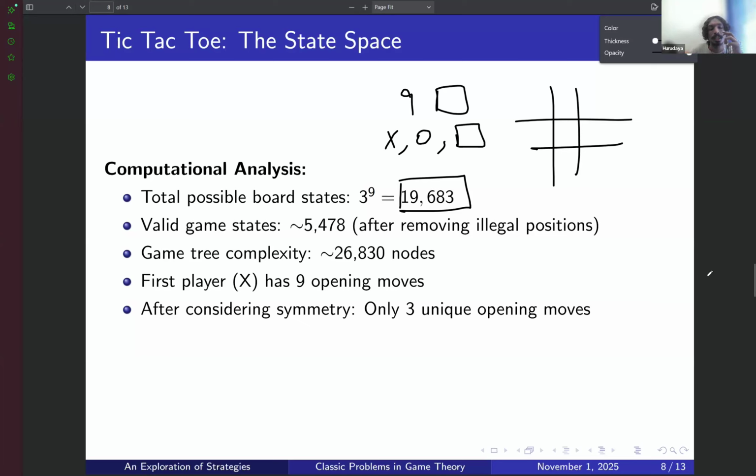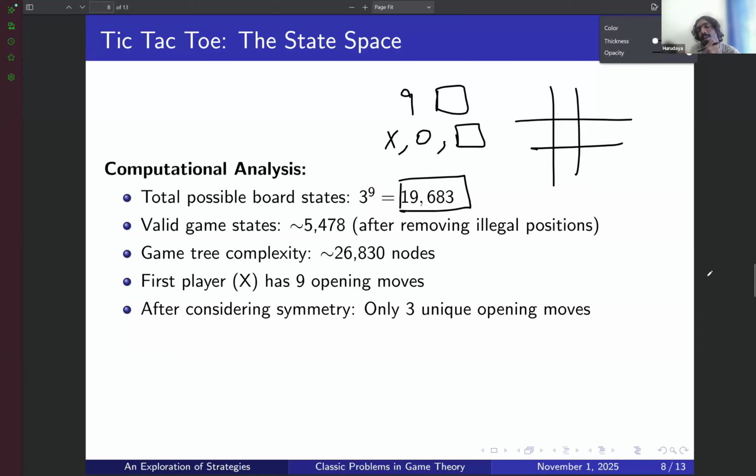Some of these possibilities are obviously, if I fill X everywhere, or if I fill O everywhere, or if I put XXX, then O, then XO, X, or something like that. Obviously, these will never happen in a real game, right? So there should be 5 X's and 4 O's.